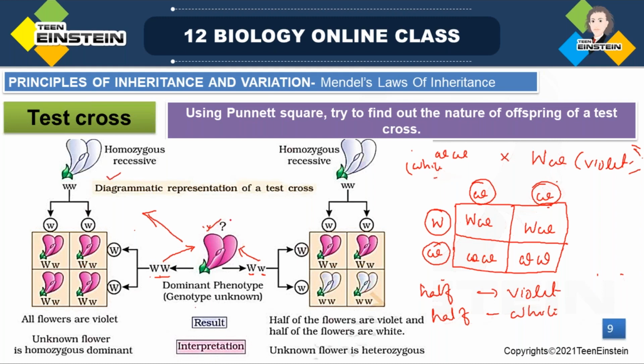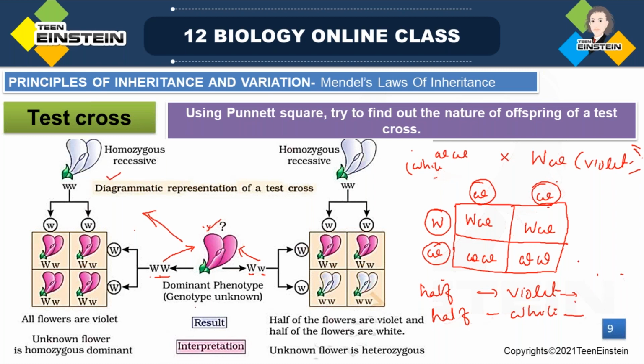And if the tested genotype is heterozygous, half of the offspring will have one parental character, that means the dominant character, and the other half will have the recessive character. Here half will be violet and the other half white, right?